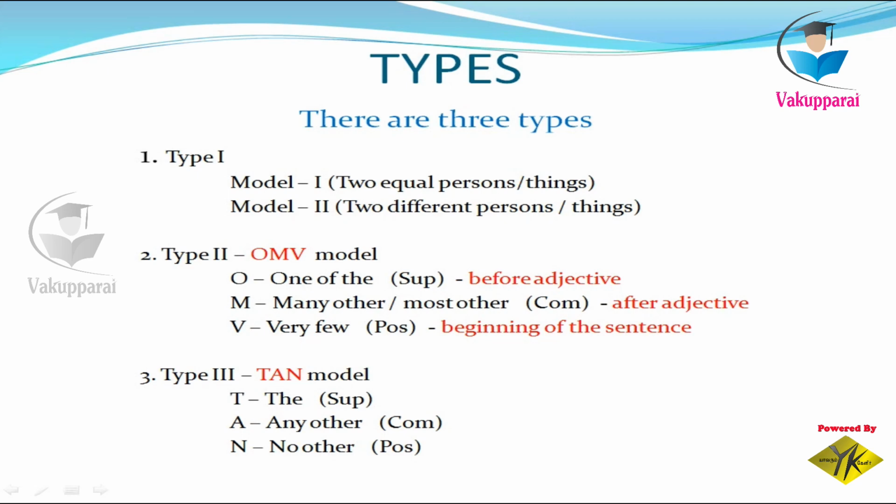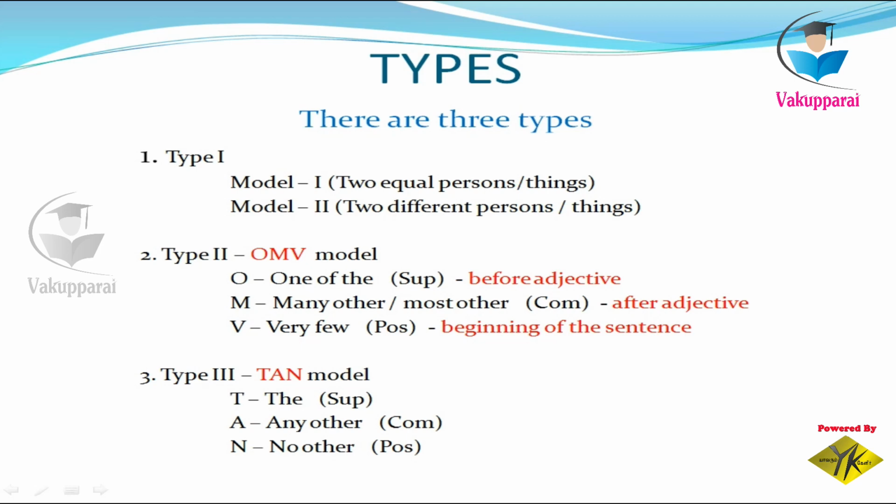If it is in the comparative degree, we can change it into the positive degree alone. As I already said, there are two models. In model 1, comparisons are made between two equal persons or things. In model 2, two different persons or things are compared.